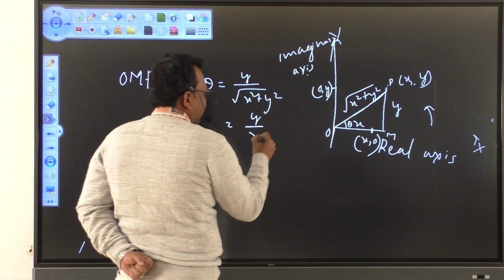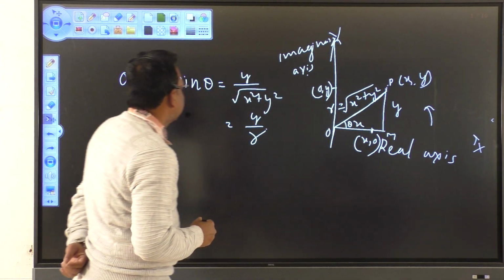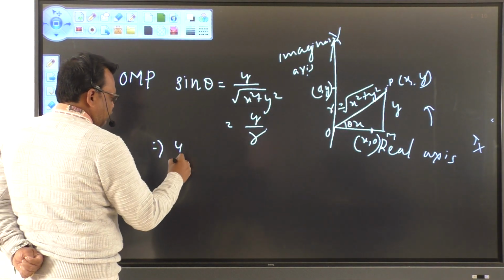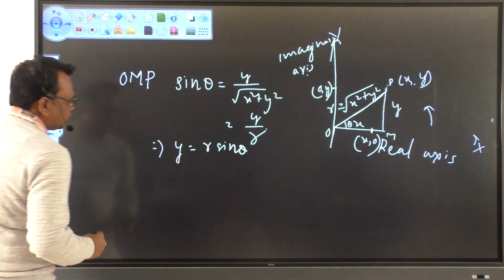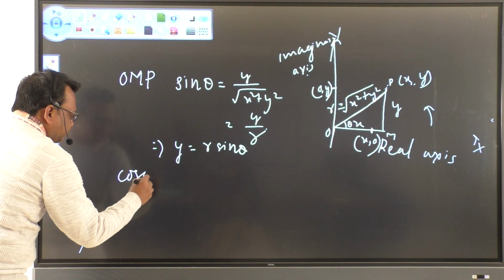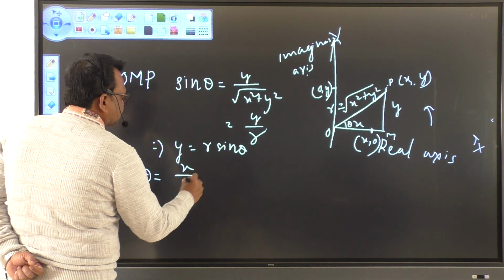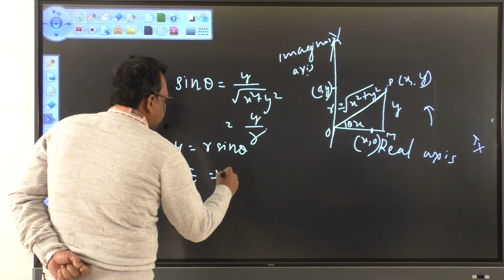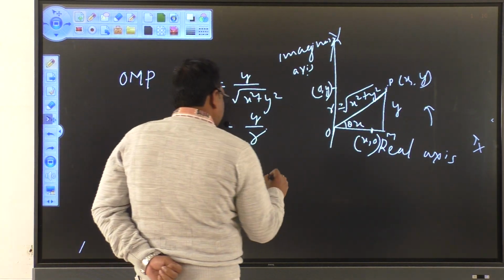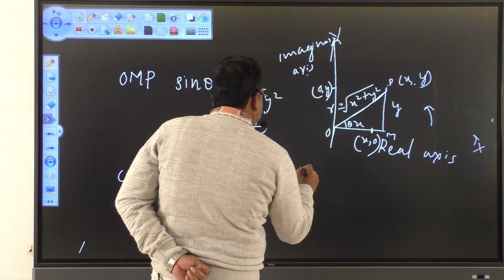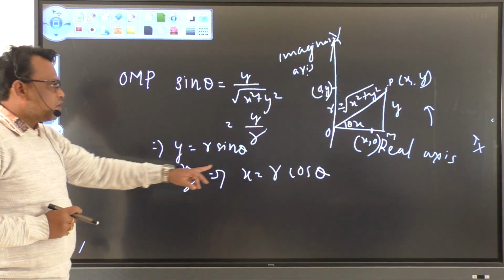That is y by r. That implies the value of y is equal to r sin theta. Again, cos theta is equal to x by r. That implies the value of x is equal to r cos theta. So now we have the values of x and y.